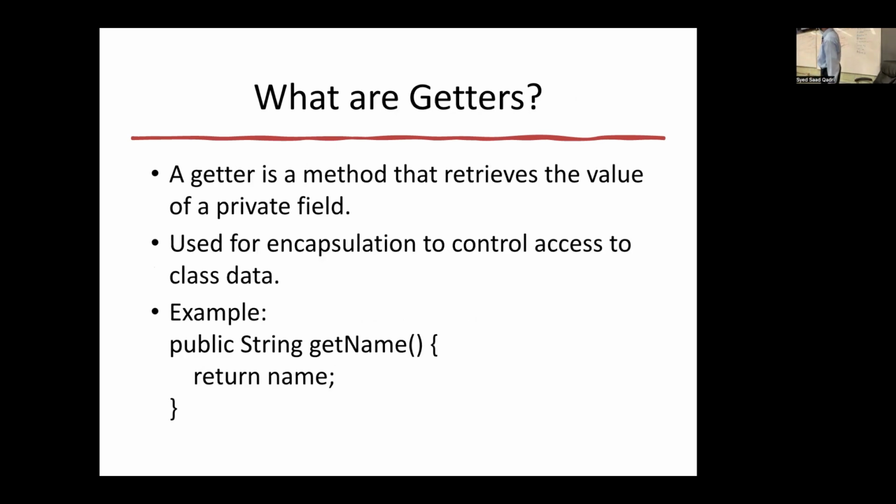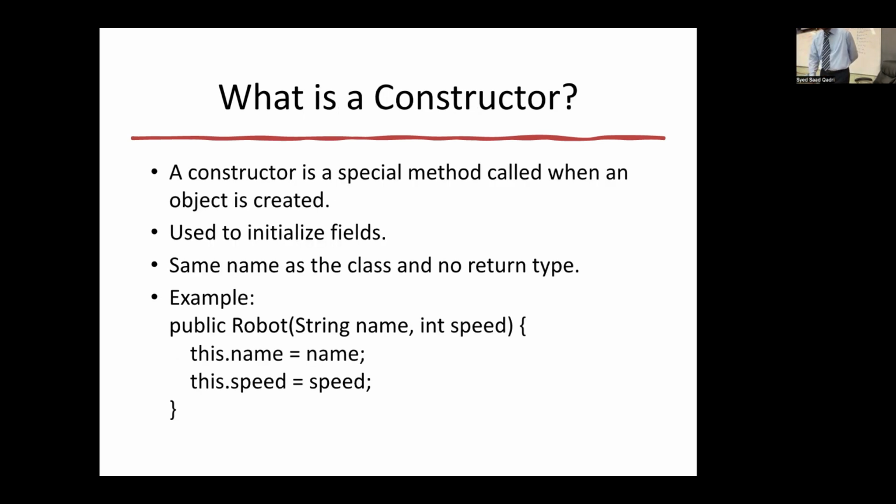This is like a typical getter. As I told you, getters will always have a return type. So since I'm returning a name, and name is a string, the return type is string. And then I say return name. So in the previous slide, when we did this dot name, that name was the property, right?